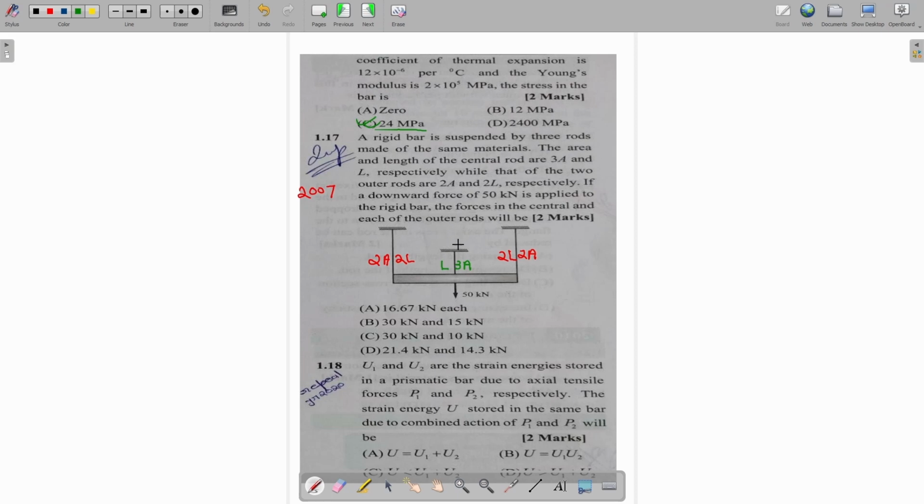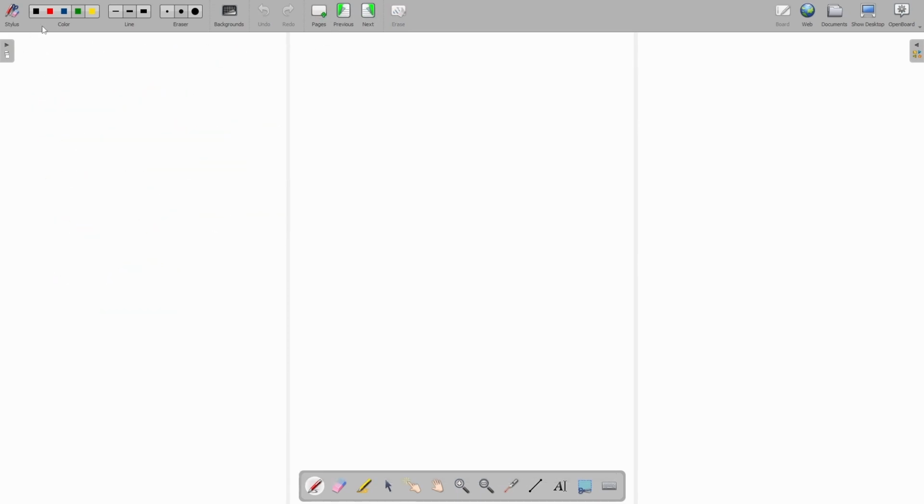Now we are going to draw the free body diagram. Suppose this is question number 17, which came in the year 2007. Before drawing the free body diagram, the most simplified way to draw this structure is like this.